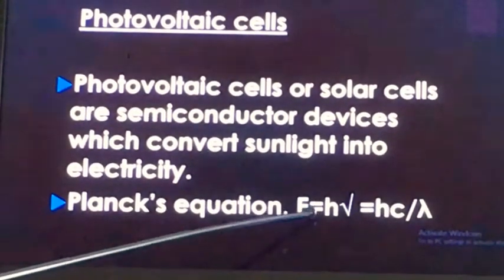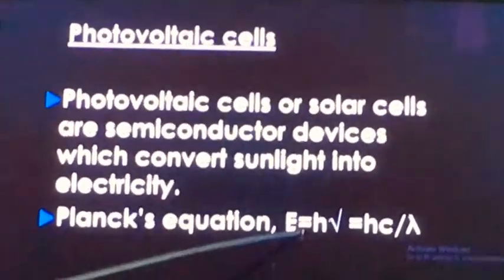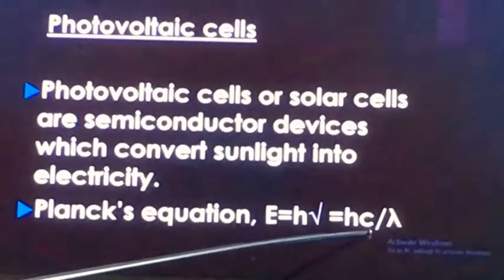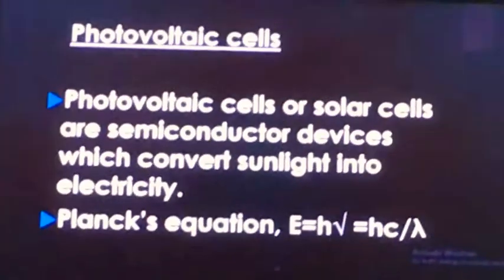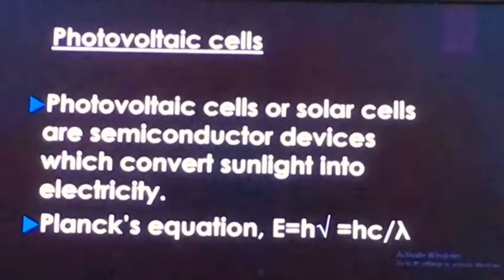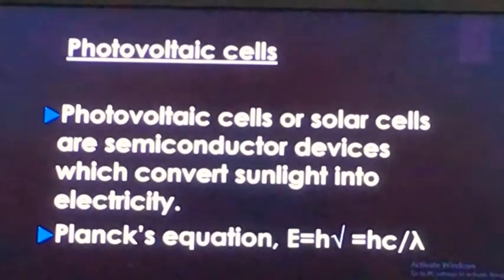Therefore, this expression becomes E = hc/λ, where c is the velocity of the radiation and λ is the wavelength of the radiation. So the energy of a photon is given by E = hc/λ.